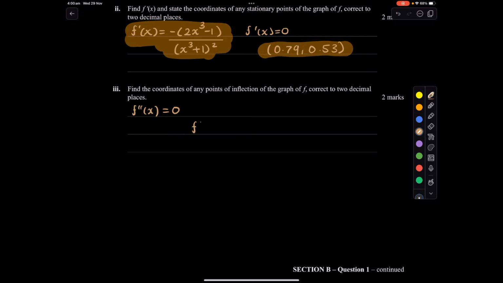So f double dash of x, your double derivative, is actually equal to 6x squared times x to the power 3 minus 2 all over x to the power 3 plus 1 to the power 3. And that equals 0 to find the coordinates of the point of inflection. So what happens?